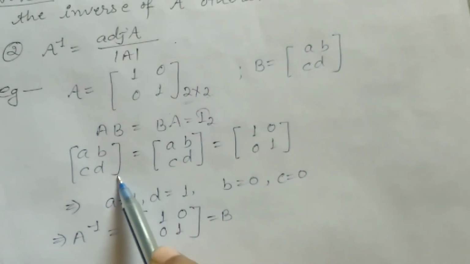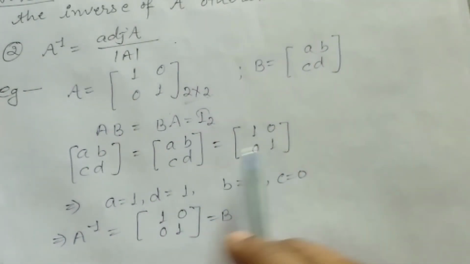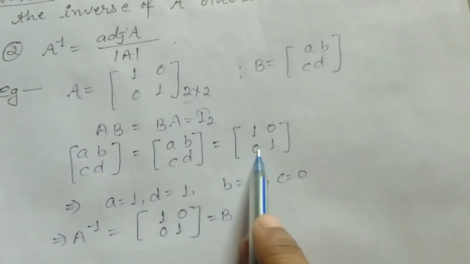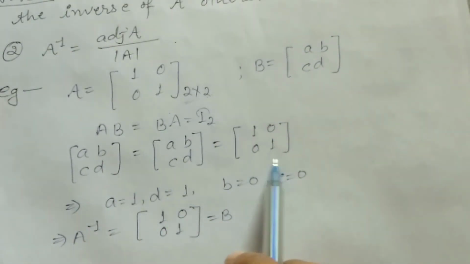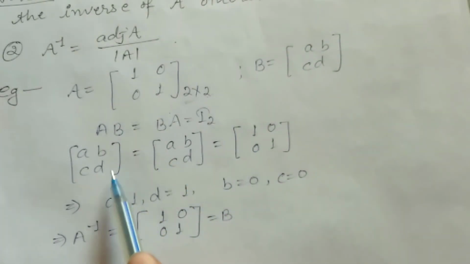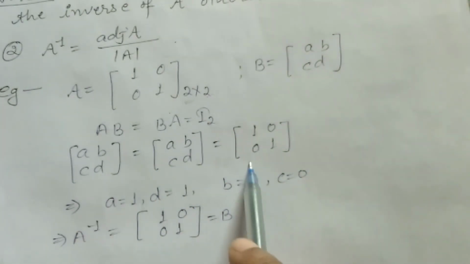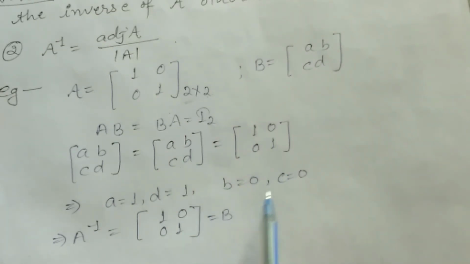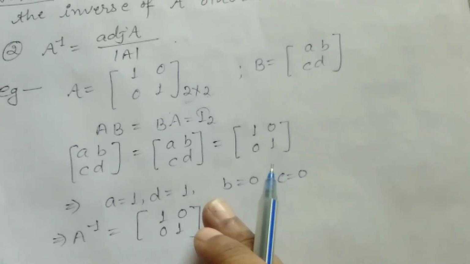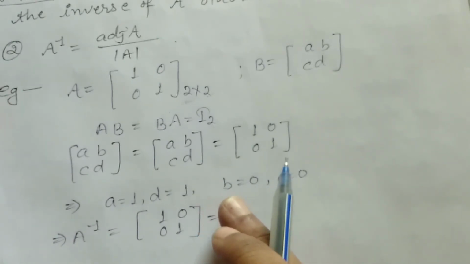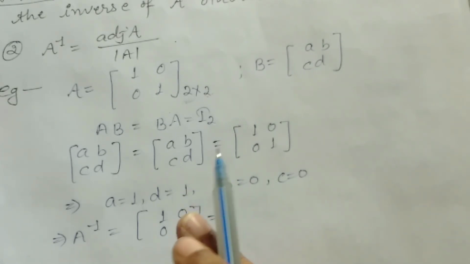The first and second entries will be equal on both sides. This implies a equals 1, b equals 0, c equals 0, d equals 1. So A inverse is equal to B is equal to [1, 0; 0, 1]. After all, remember that the inverse of the identity matrix is also the identity matrix, by this example.